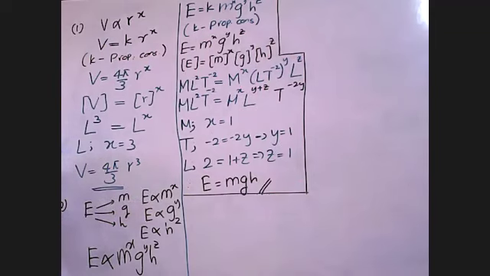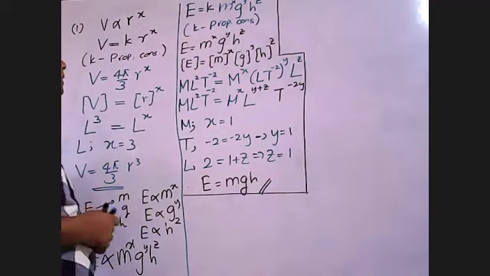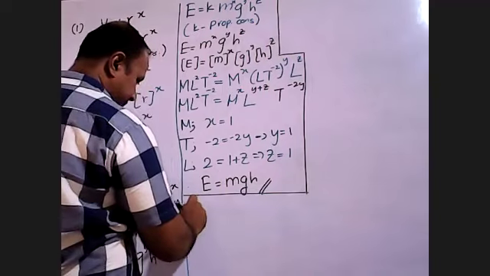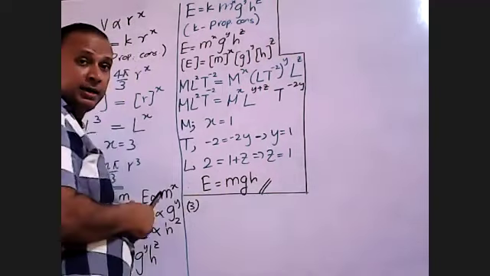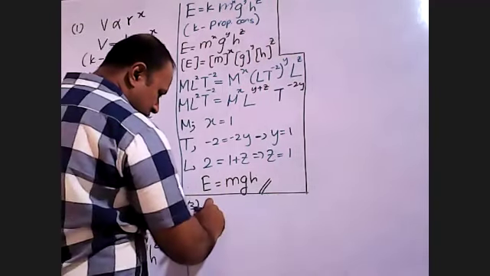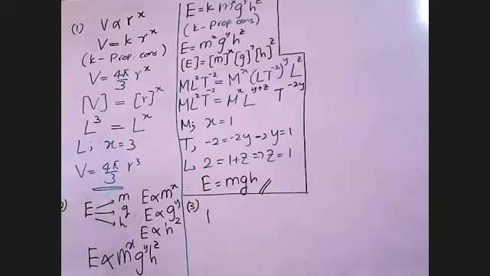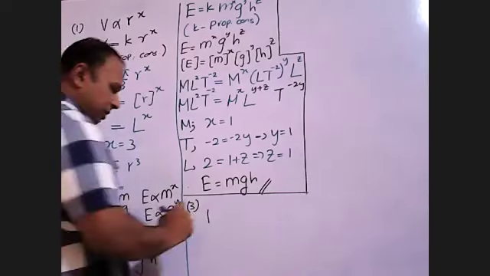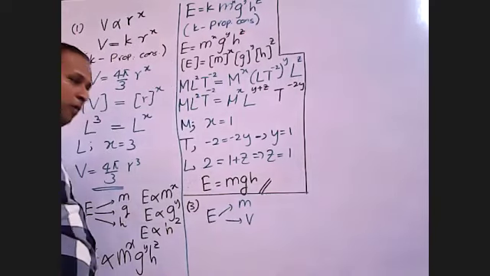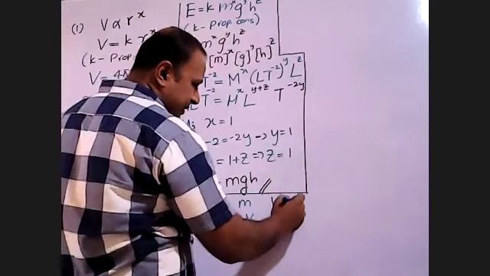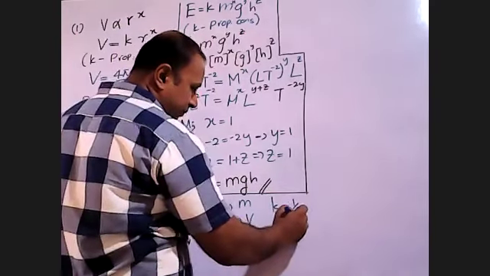The proportional constant is half. The kinetic energy E depends on mass and velocity, and the proportionality constant is given, it is half.